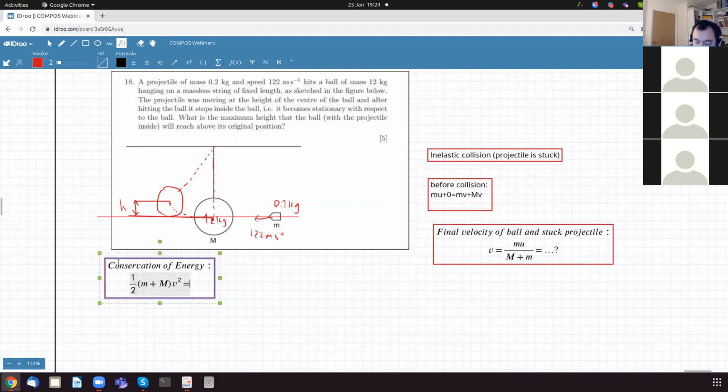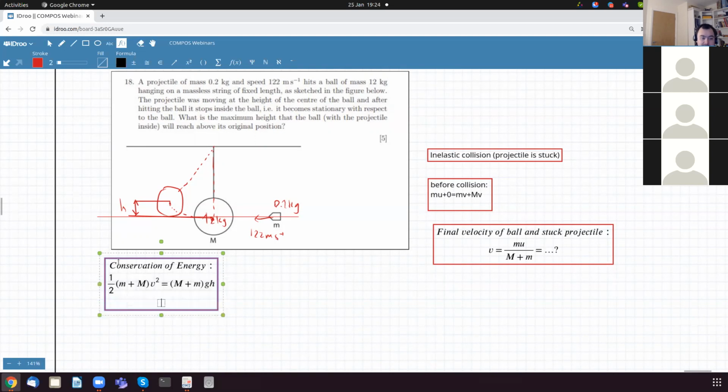And it has to be equal to (m plus m) gh, the potential energy. So 1/2 mv squared has to equal mgh. Instead of m, I'm using m plus m, because that's the total mass of the projectile and ball.